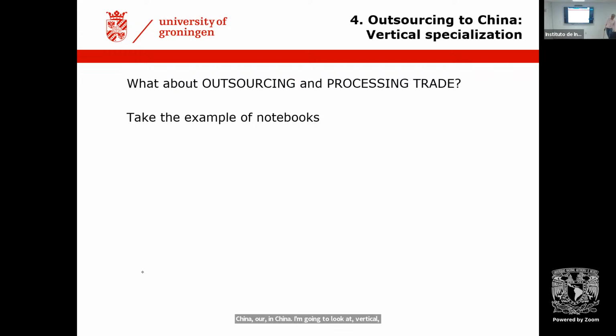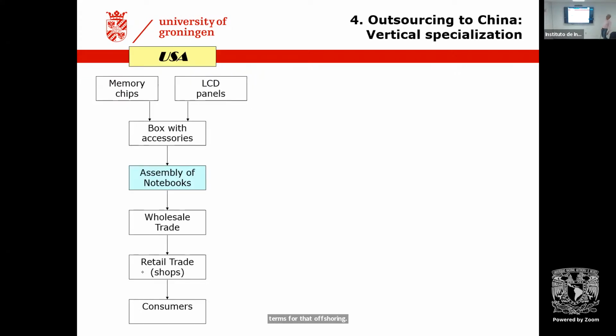So what about outsourcing, processing trade, international fragmentation? There are lots of fancy terms for that, offshoring. Let's have a look at the example of notebooks. Consider a notebook that is completely made in the US. It contains memory chips and LCD panels. You throw it in a box of accessories. You have somebody with a screwdriver to assemble the notebook.